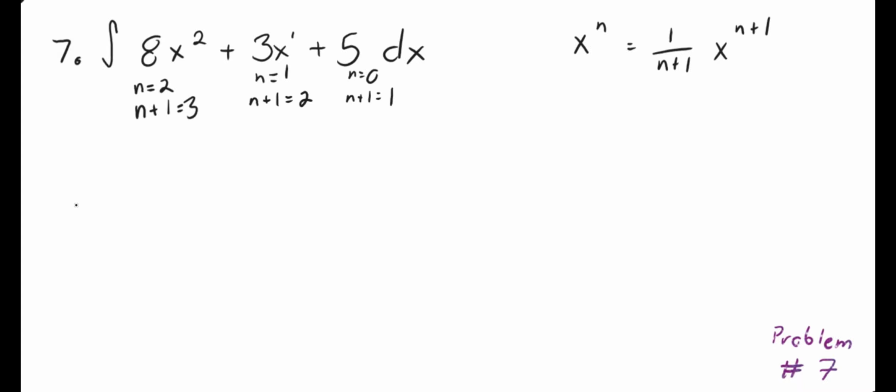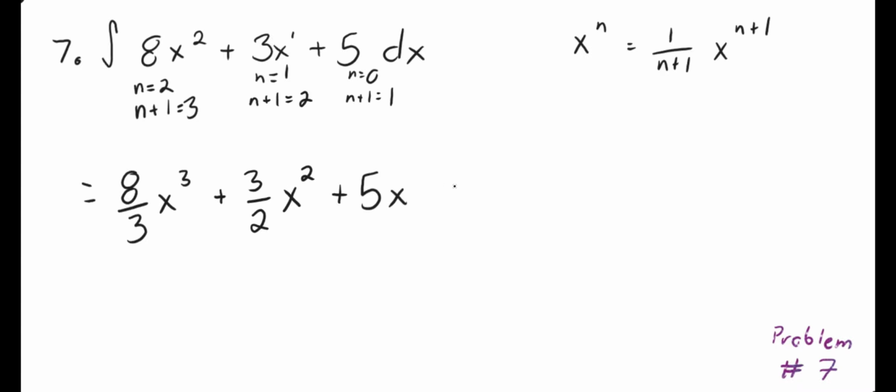So that means the integration of this problem will be 8 over 3 x to the power of 3 plus 3 over 2 x to the power of 2 plus 5x plus our constant, so c.